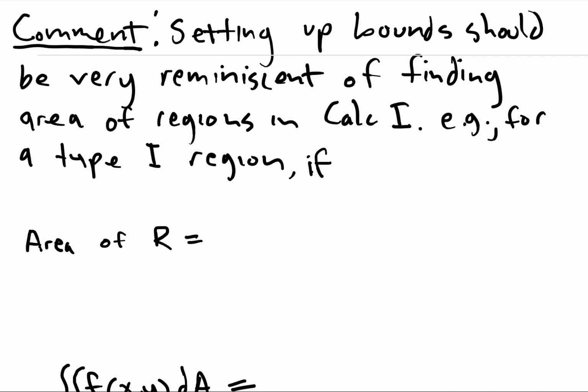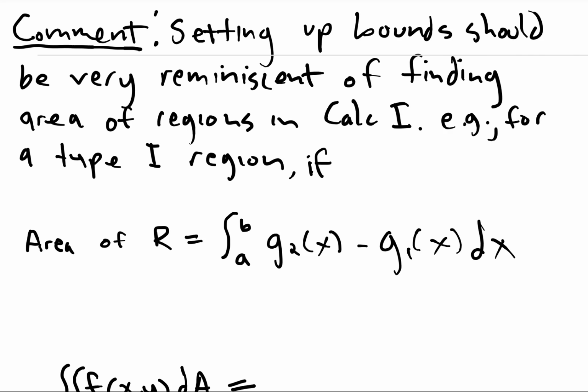So if I've got a type 1 region, like the problem that we just set up, let's say that you're trying to set up a type 1 region and the area looks like this: your integral from a to b, top function minus your bottom function, integrate with respect to x.